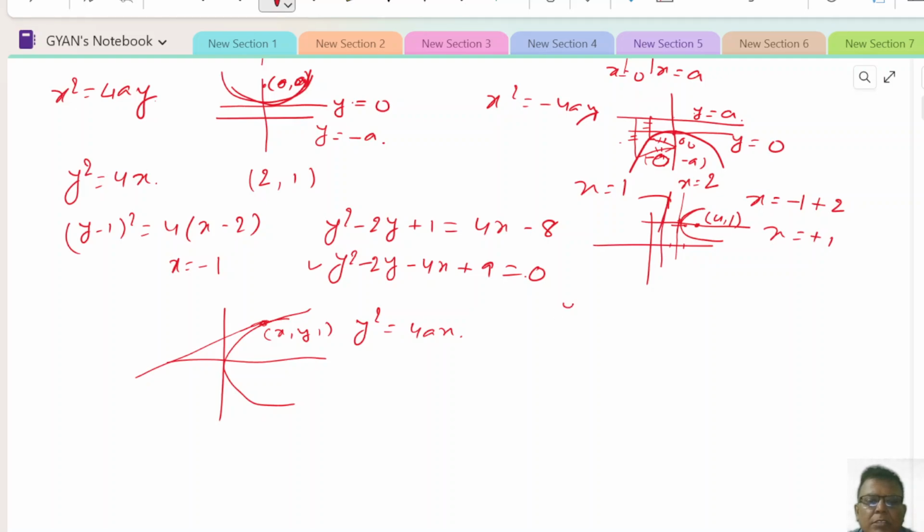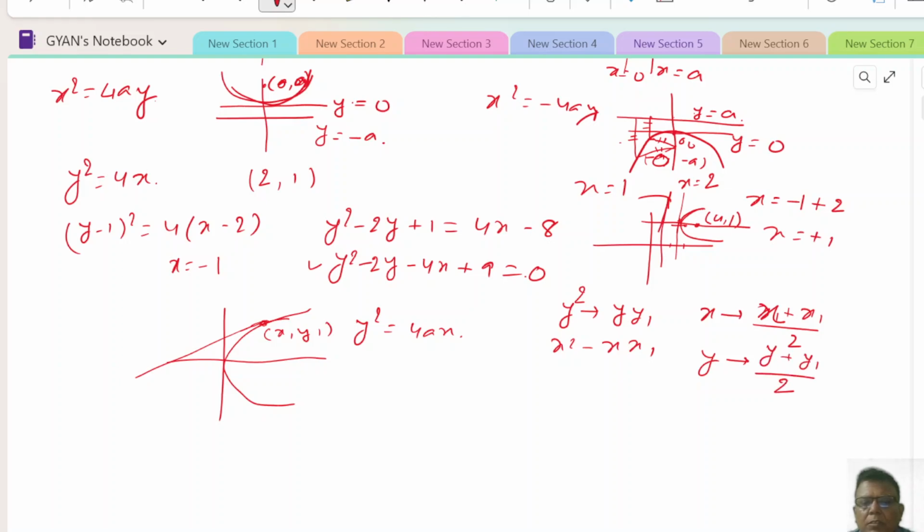For any conic section you will replace y square by y y1, x by (x plus x1) divided by 2.